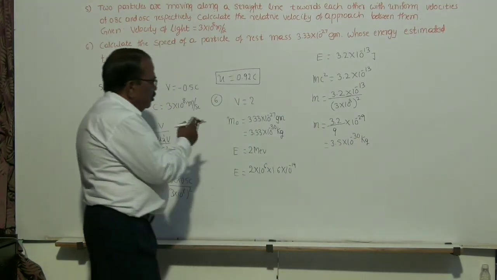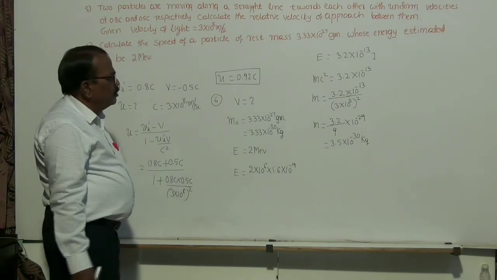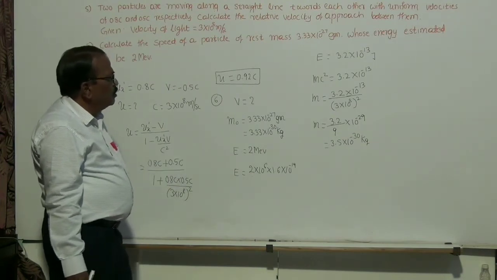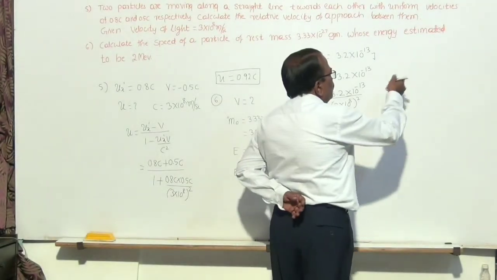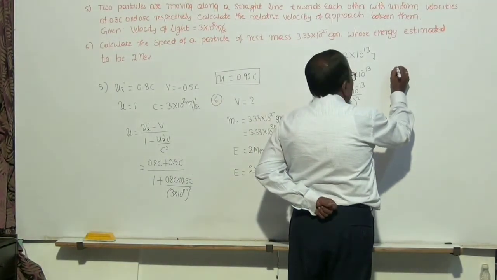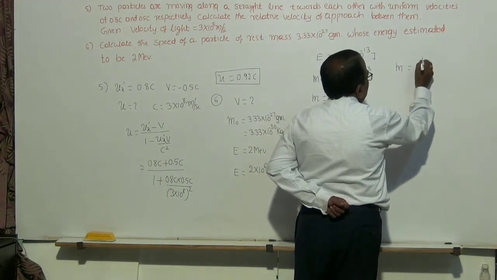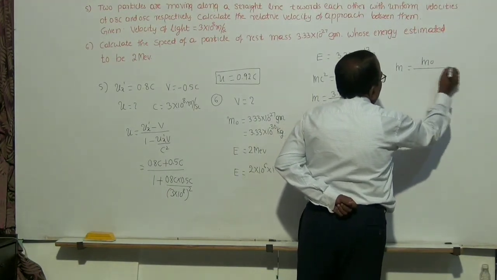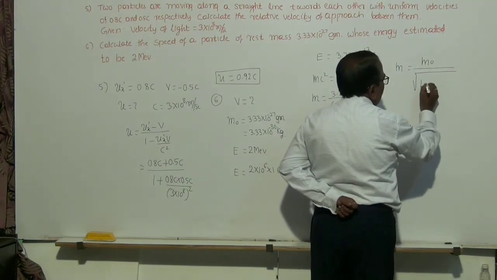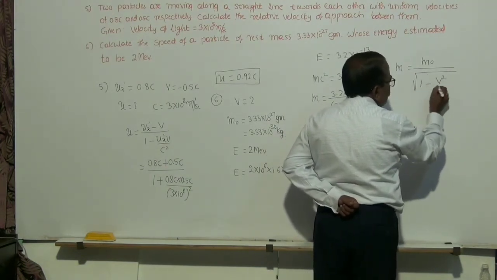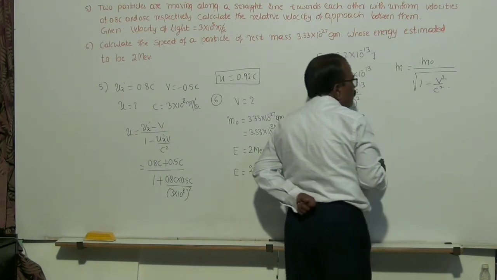You know m and you know m dash. You can calculate what is v. By what formula? It is m is equal to m naught upon square root of 1 minus v square upon c square.